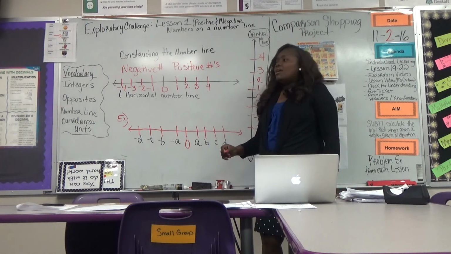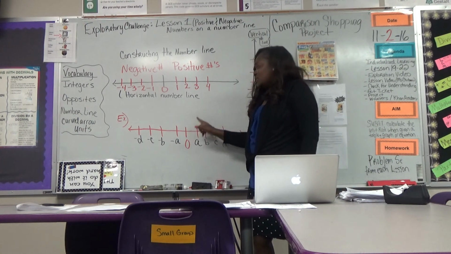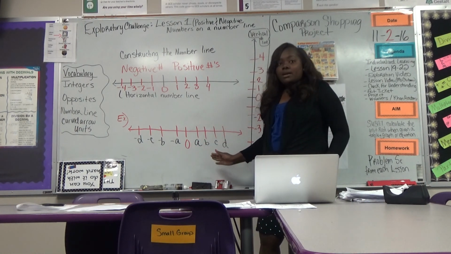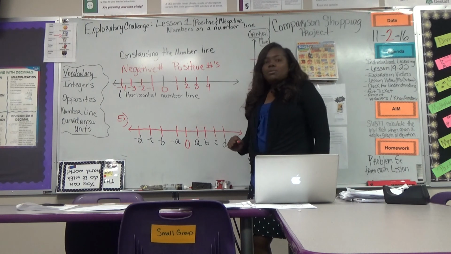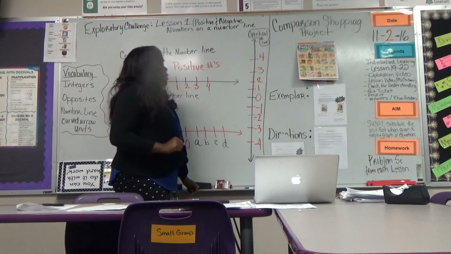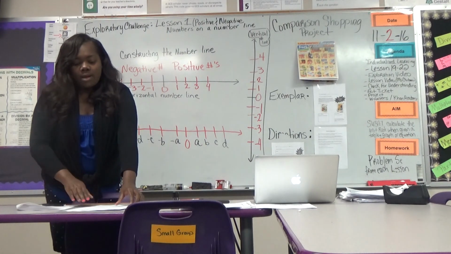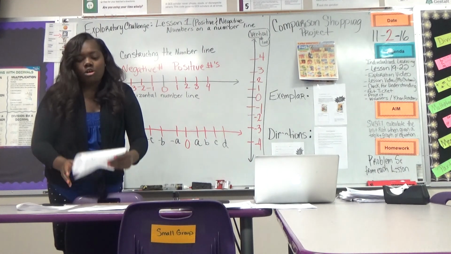Letters. Okay, so we can see that with our number lines, we can do the same things or ask questions using letters as well, just as we do with our numbers. All right, so I'm going to get us started right away. If you look at your paper, you have a paper that looks like a notebook sheet of paper.